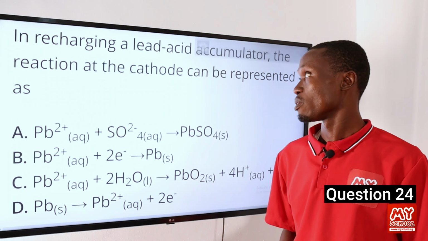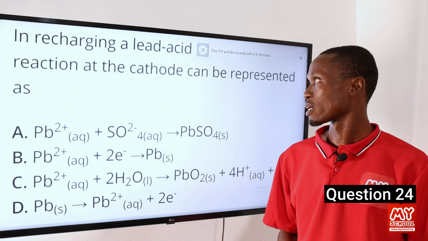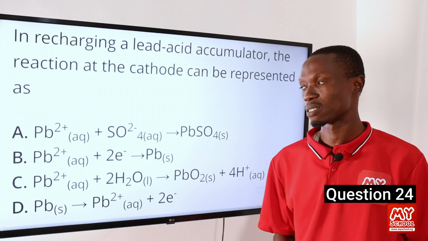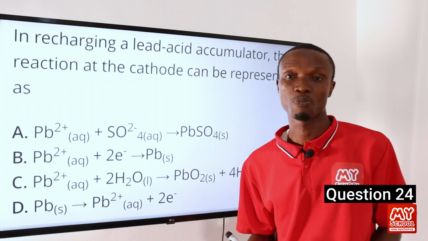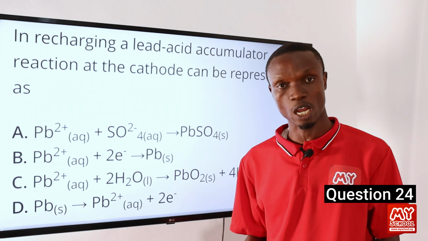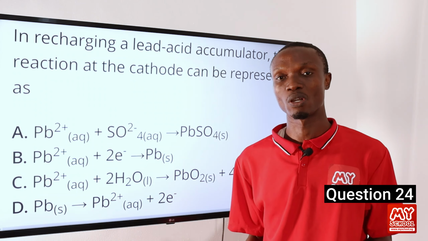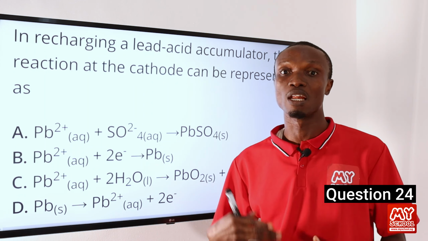Question 24. In recharging a lead acid accumulator, the reaction at the cathode can be represented as... Okay, so during the process of recharging a lead acid accumulator, the redox reactions at the respective electrodes are reversed. This is because it is electrolysis.